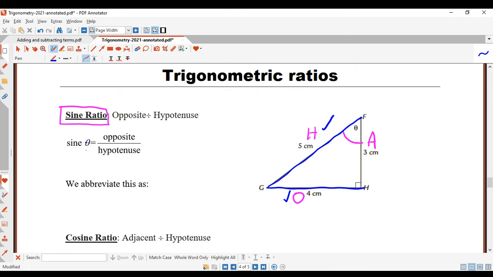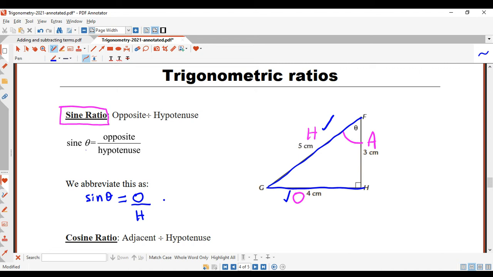Now, we abbreviate this formula. Sine is abbreviated as sin. Theta stays as theta. Opposite side is usually O, and hypotenuse is H. Now, in this triangle, the opposite side is 4, isn't it?